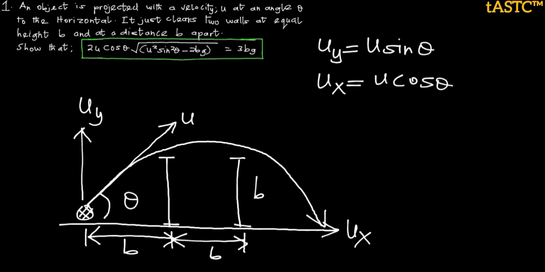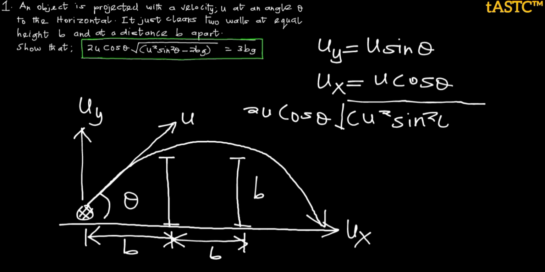So here what we got is this. We got 2u cos theta multiplied by the square root of u squared sine squared theta minus 2bg. That is equal to 3bg. Now, the first thing we're going to do is square both sides.